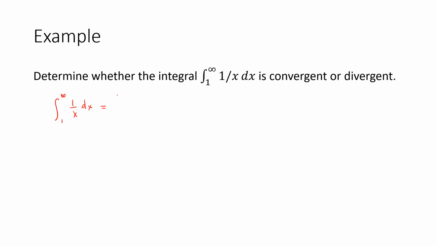We'll define this as the limit as t approaches infinity of the integral from 1 to t of 1 over x. We know the integral of 1 over x is ln of x, and then we'll evaluate from 1 to t.